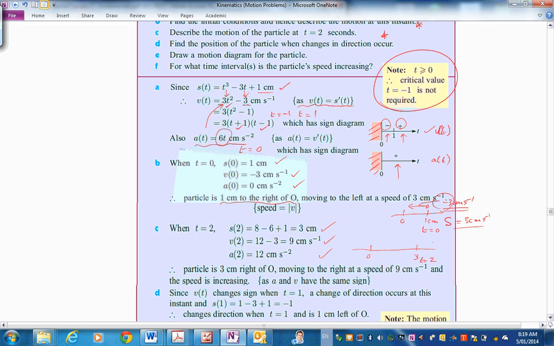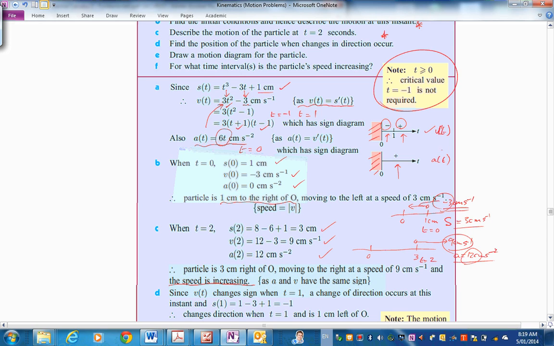Velocity is 9, so it's heading off here now, 9 centimetres per second, and the acceleration is 12 centimetres per second squared. Alright, so it's going to get faster, isn't it? The acceleration and the velocity are in the same direction. Okay, so we would say the speed is increasing.